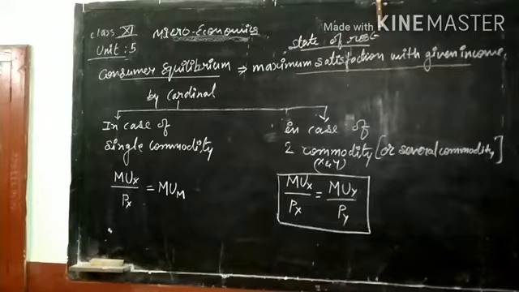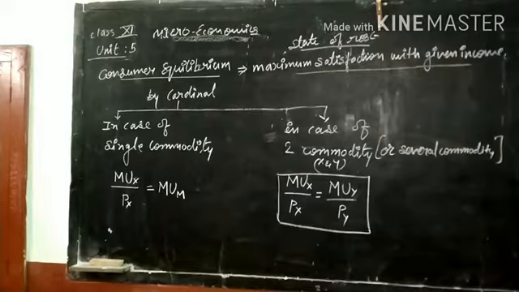So the definition of marginal utility of money: rupee worth of satisfaction that the consumer expects to get, and we are assuming that it is equal to price. In all the questions we will assume that Px and MUM are equal. This is the condition for the equilibrium in case of one commodity.